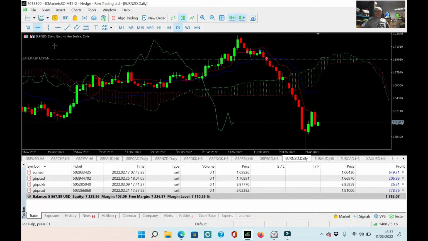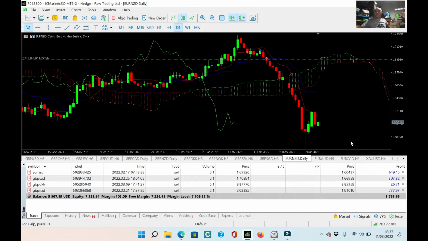You can see yesterday the price went down again, and hopefully the price will keep going down. I hope this is only a temporary retracement before the price goes in the right direction, that is strong bearish.